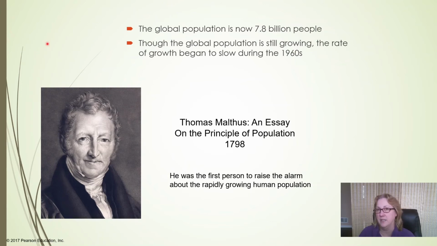There's PDFs easily available online. And he wrote this essay about how human population was growing exponentially, and of course, no population can grow exponentially indefinitely, and he was saying there's going to be a big famine or disease or something, and the human population was going to crash. And luckily, he was wrong.